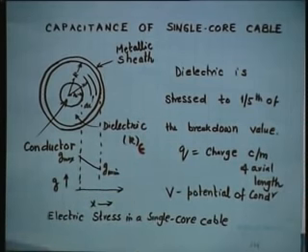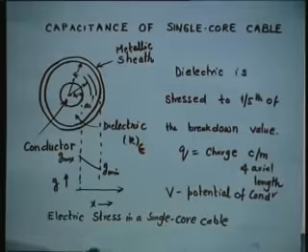Now, if you plot the electric stress in a single core cable, unfortunately it is not uniform. It varies as you move from the conductor radius to the inner radius of the cable, and it is maximum at the conductor radius, or at the surface of the conductor, and it is G max.